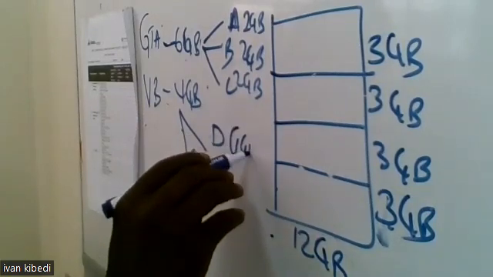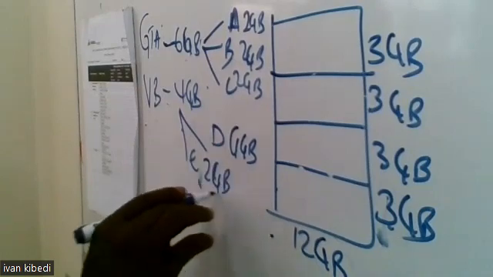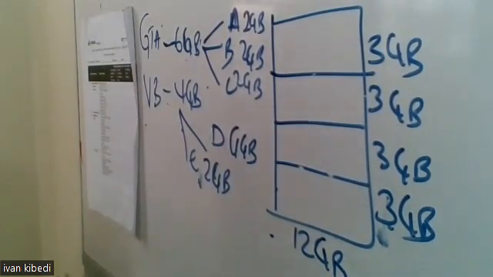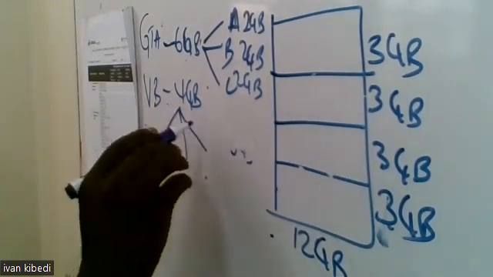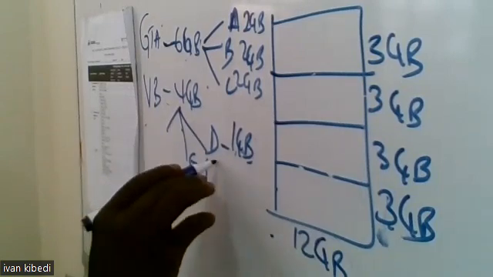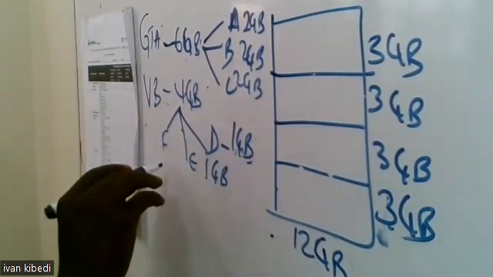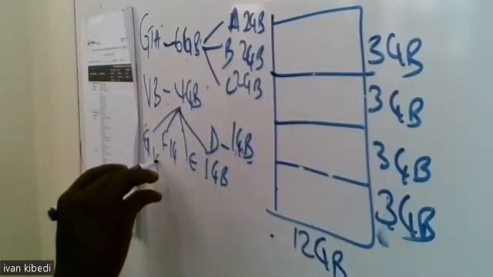D can have 2 GB and E can have 2 GB. You see? Or it can decide to split VB into 4 sections. D having 1 GB, E having 1 GB, F having 1 GB, and then G having 1 GB.